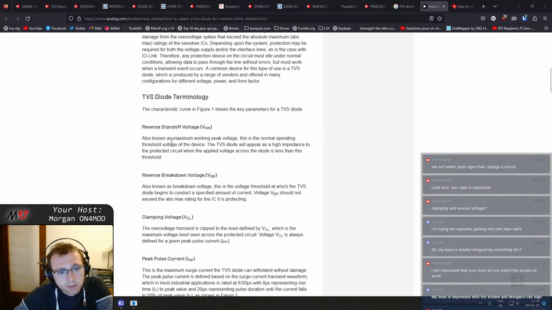Reverse standoff voltage, maximum working peak voltage.